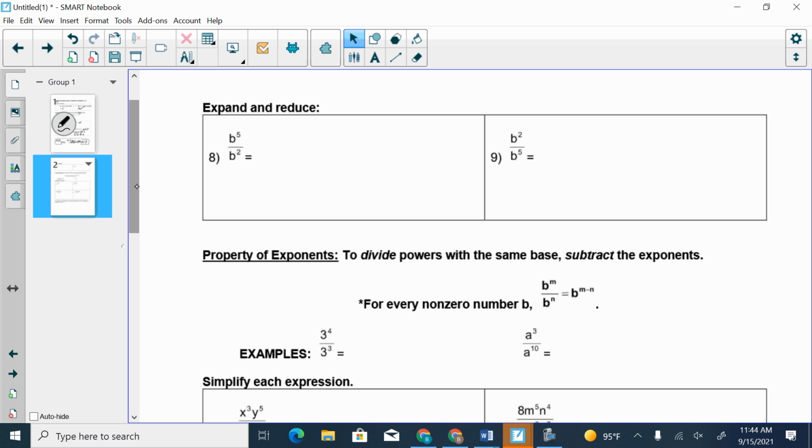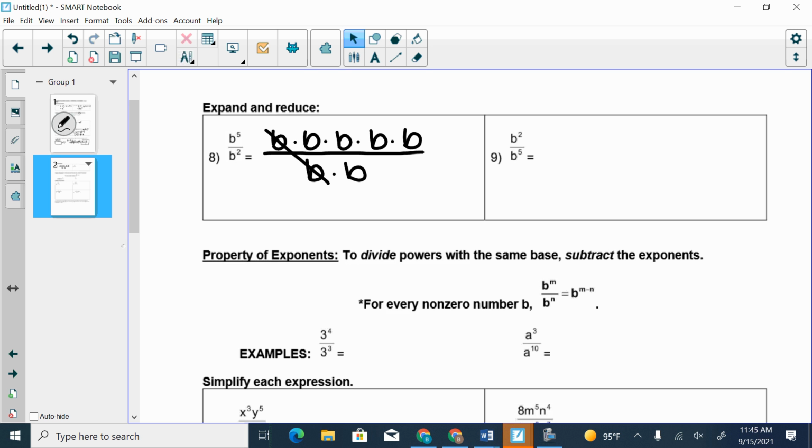So this one, again, first thing they want us to do is to expand it. So b to the 5th means I have b times itself how many times? So I got 1, 2, 3, 4, 5 b's in the top, and how many in the bottom? Good. All right. And we know when we divide, stuff cancels out, right?